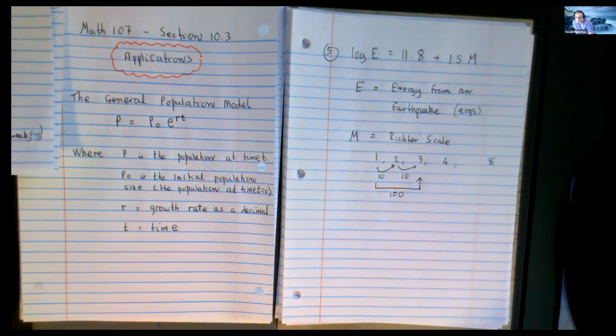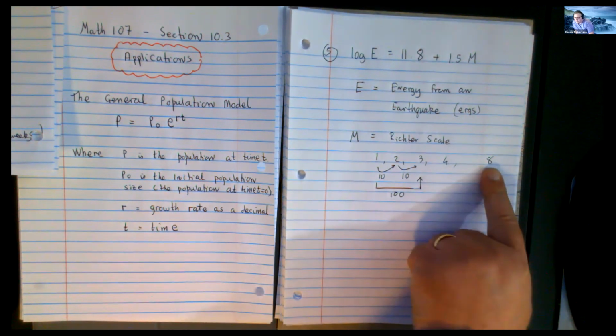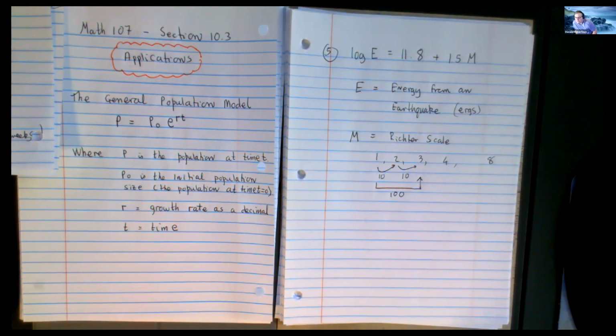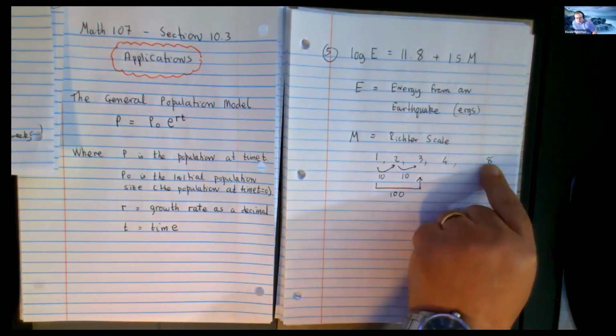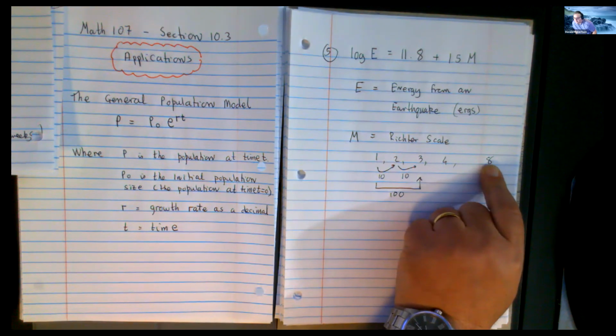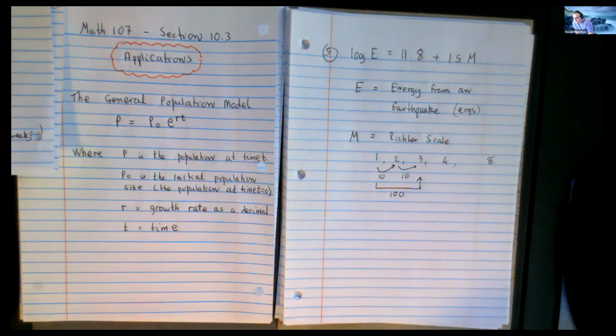So you don't want to be in a level 8 earthquake, or anywhere near one. In fact, if one happens by the sea, won't the tsunami probably kill a lot more people than the earthquake? Earthquakes make buildings fall down, but if you're out in the open and nothing hits you, you're probably going to make it. You don't want to be by the sea if there's a tsunami caused by one of these.